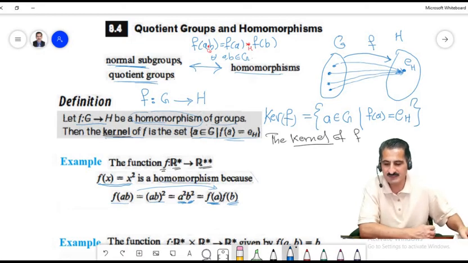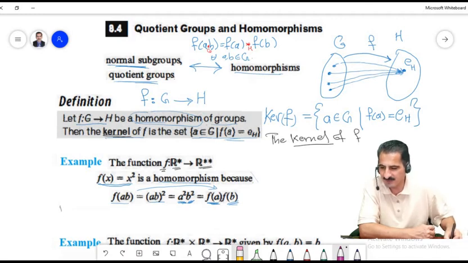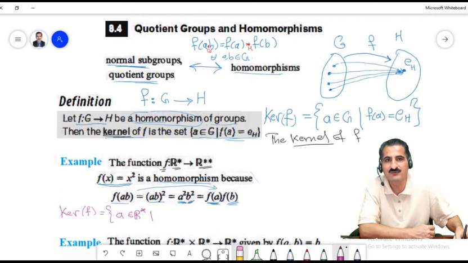So what is the kernel of this homomorphism? The kernel of f will be all the elements a in the domain such that f of a is the identity. But what is f of a? It is a squared, so we need a squared to equal the identity.